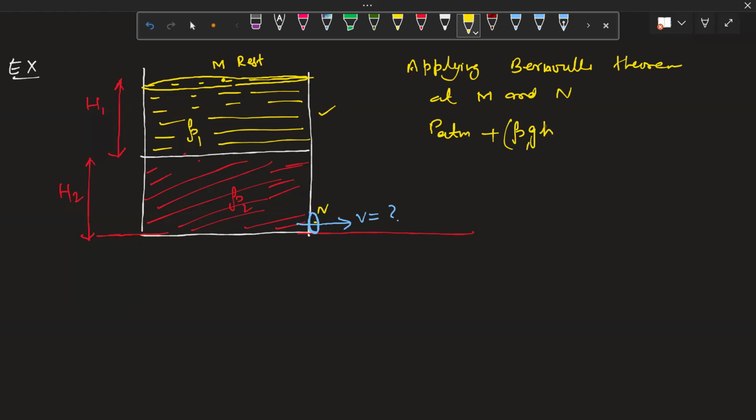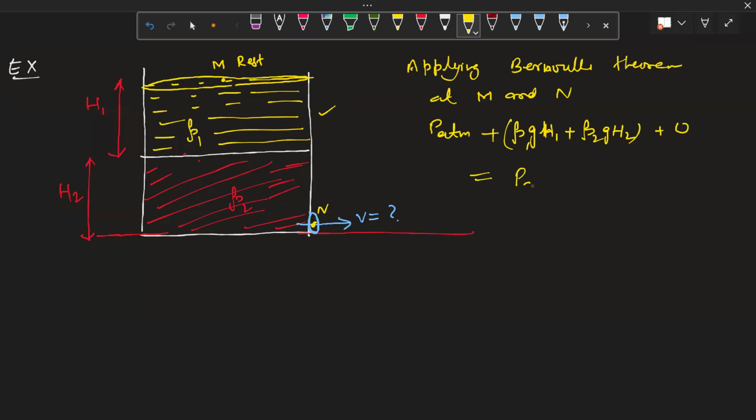Rho 1 g h1 plus rho 2 g h2, because rho 1 is different, rho 2 is different. And it is at rest, so kinetic energy will be 0. And when outside here also, it is just outside the orifice, means this side is also air.